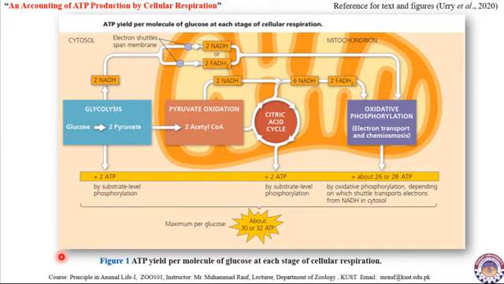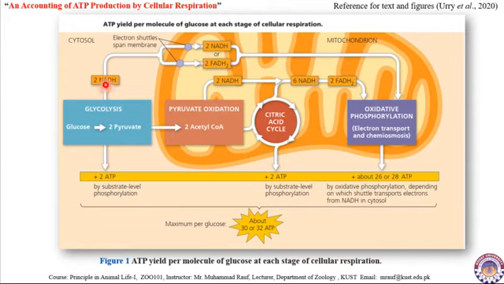Once again, revising it, glycolysis produces 2 molecules of ATP, 2 molecules of NADH, and 2 molecules of pyruvate. Remember, glycolysis takes place in the cytoplasm, and the electron transport chain and Krebs cycle take place in the mitochondria. So these NADH molecules must be transported into mitochondria so that they can deliver their electrons to the electron transport chain.